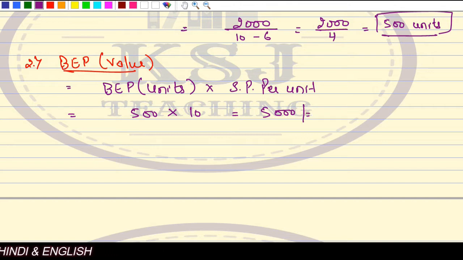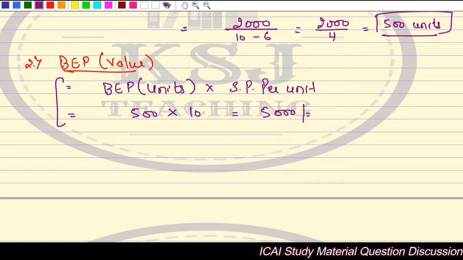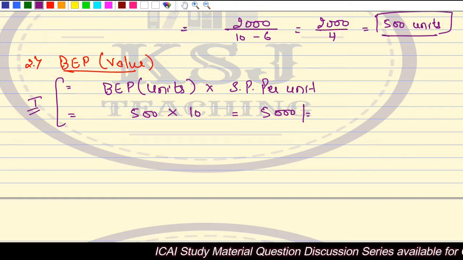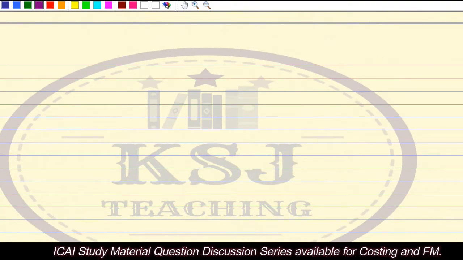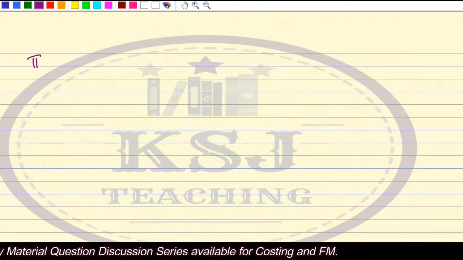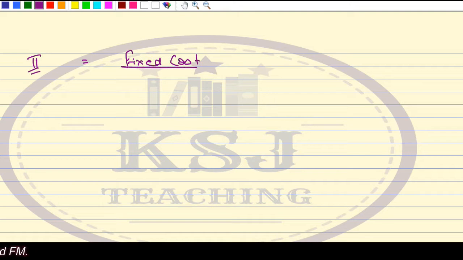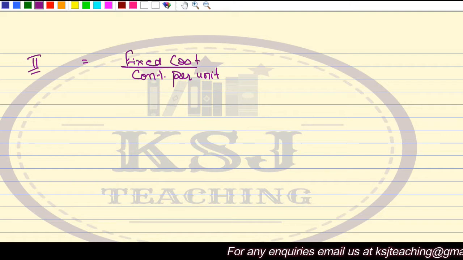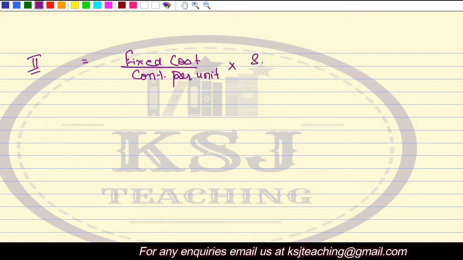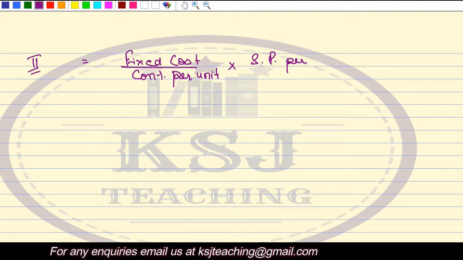Clear? Any doubts in this thing? Right, sir. So this is one way of doing it. Let's come to another way. You will get the same answer, don't worry. Another way is fixed cost divided by contribution per unit, multiplied by selling price per unit.